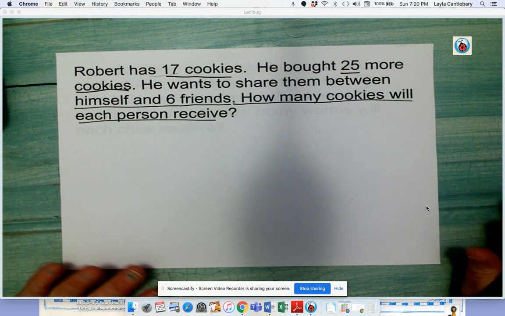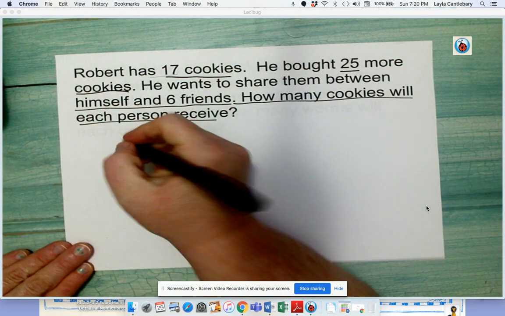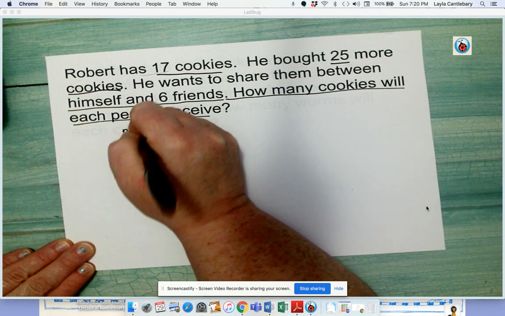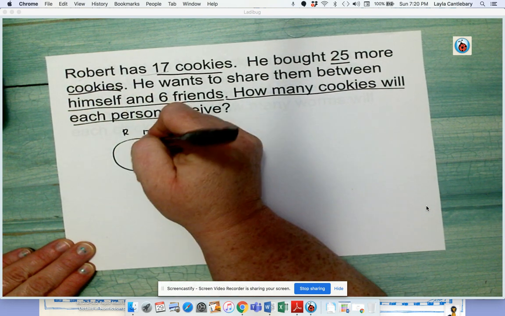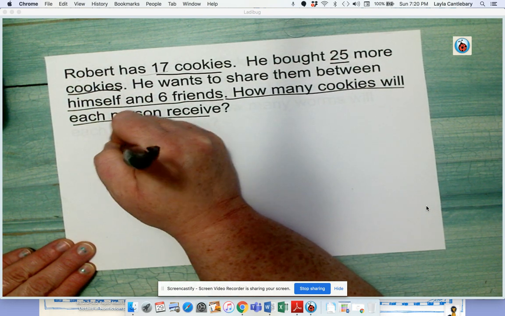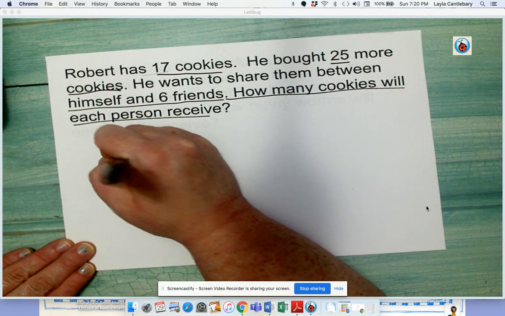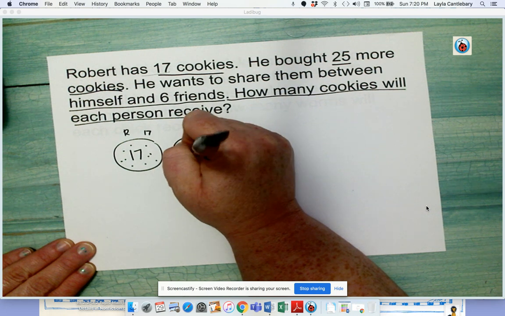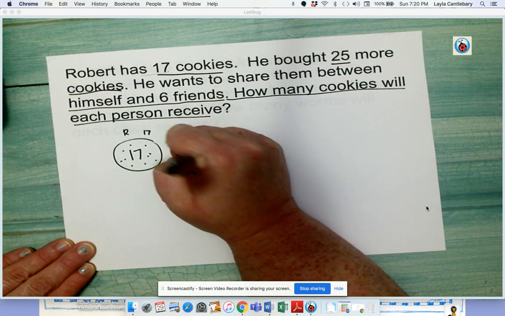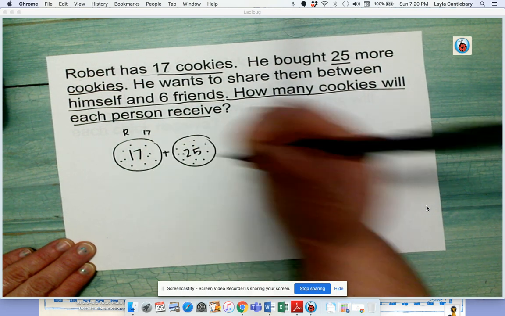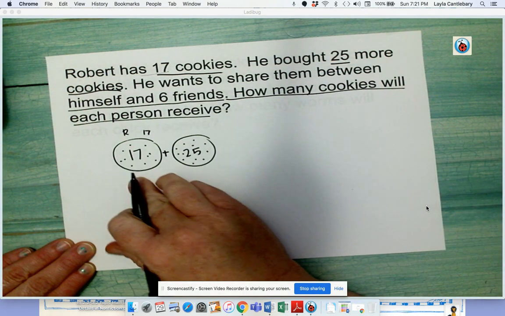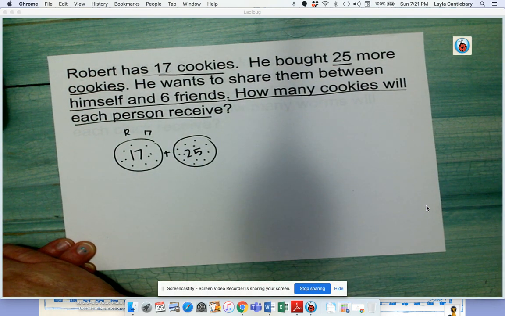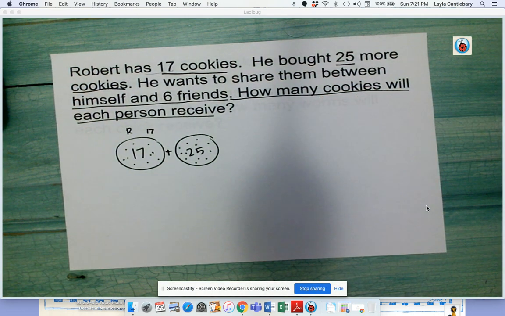When I imagine Robert and he has 17 cookies, I'm going to put 17 and make this look like a cookie. How about that? And then he bought 25 more. If he bought more, we know that he is adding. So he had 17 and he had 25 more. Then he wants to share them between himself and 6 friends.